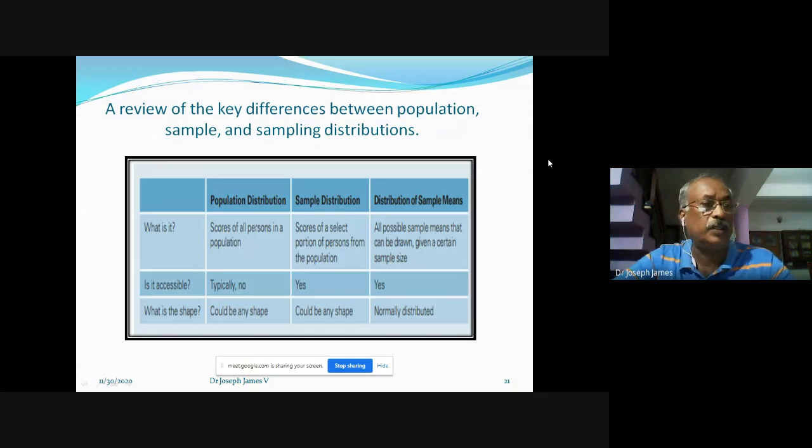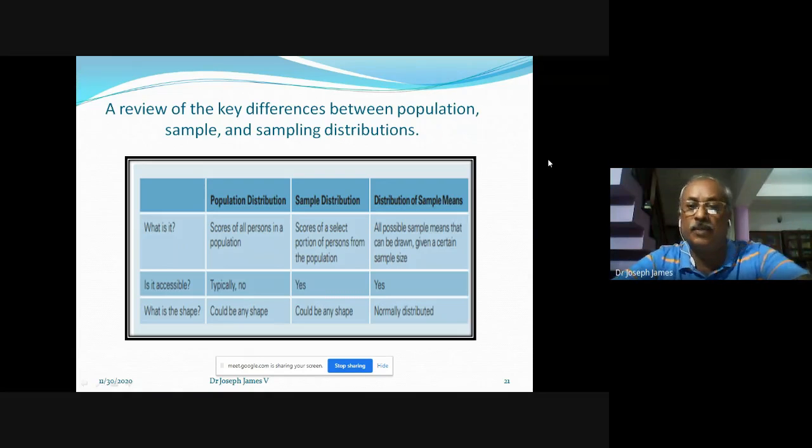Say suppose from a large population you can take a sample of size 100. A number of samples of size 100 can be selected, and for each sample you will have a mean, and when you represent it as a frequency distribution, you will definitely get a normal distribution.